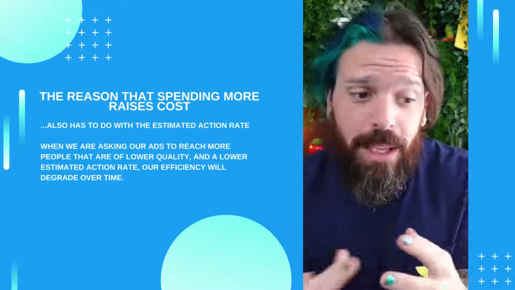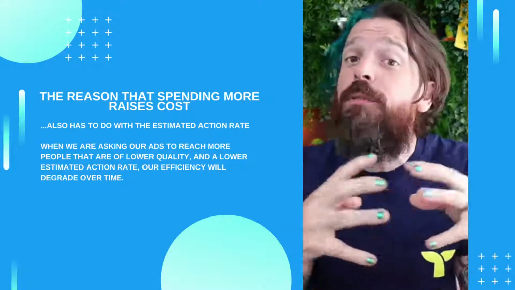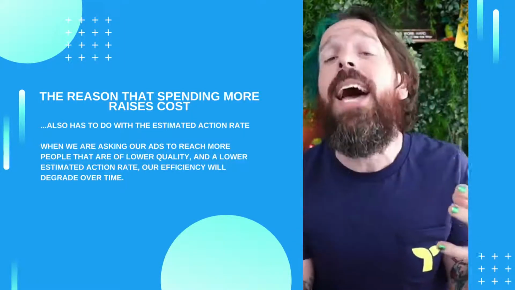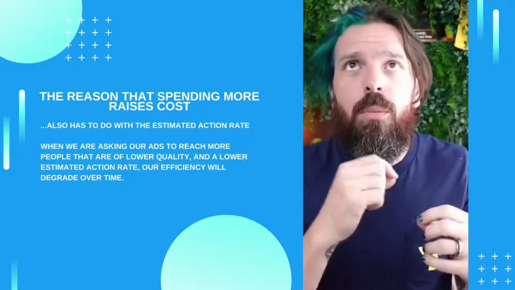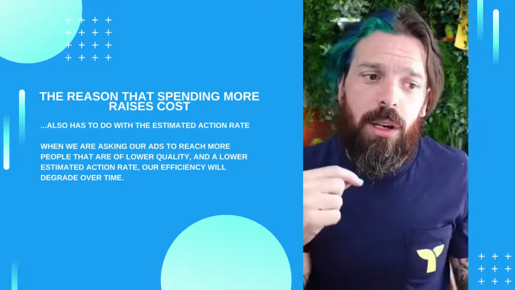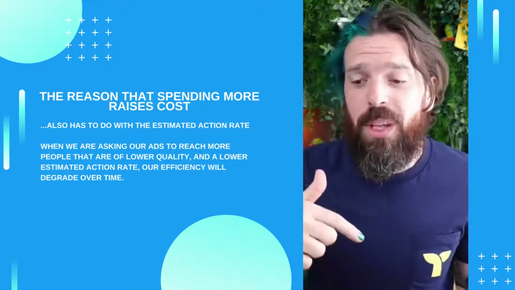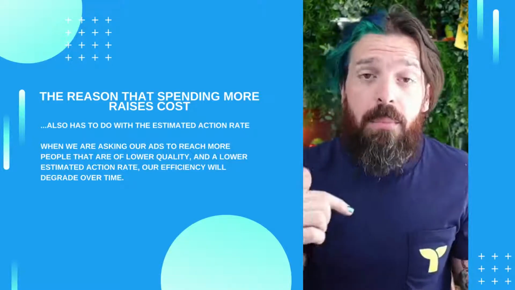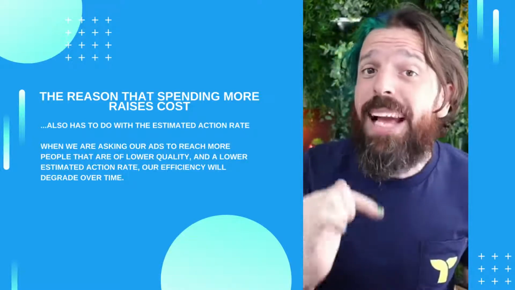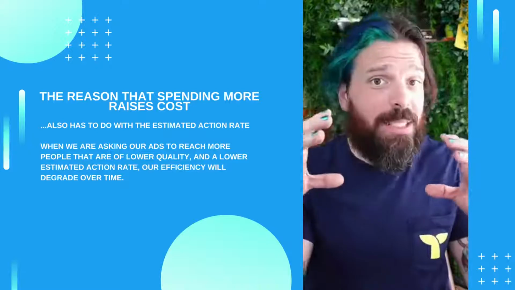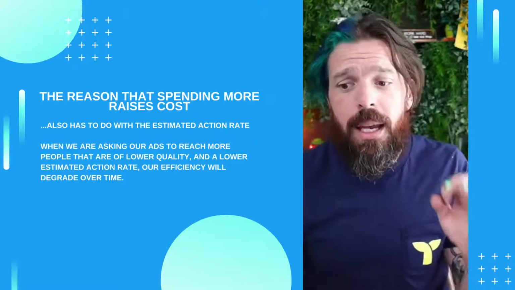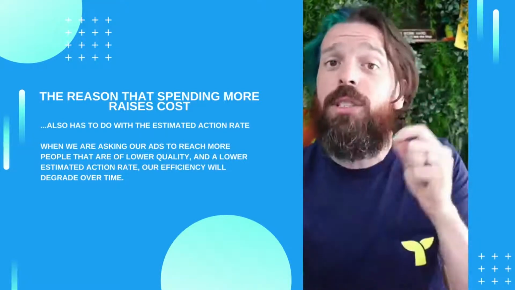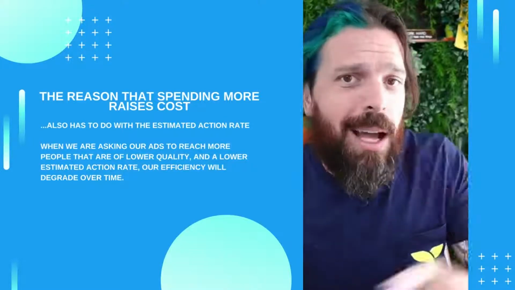Every ad makes its own lookalike audience, and the more you spend, the further and further away from the middle of that you get. So the more money you want to spend, you're going to reach a larger volume of people that have a lower quality because of their lower estimated action rate, because they're further away from the center of that ad's own lookalike audience. And because of that, our efficiency will degrade over time, but it's not permanent.